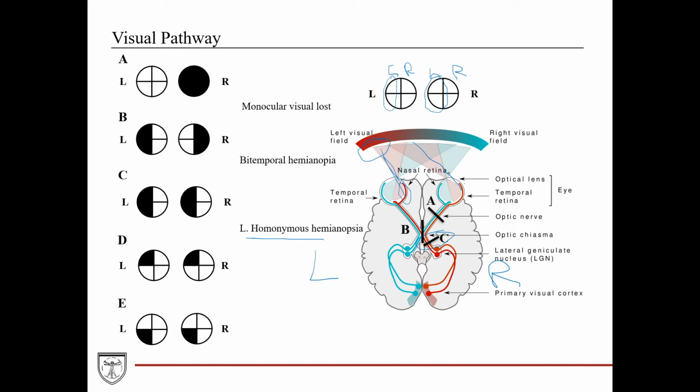So you can see left, and then left as well. These come together to form the right optic tract on the right side here. So if you impact the right optic tract, you're going to lose vision on both of these left sides. That gives you this lesion, which is a left homonymous hemianopia.